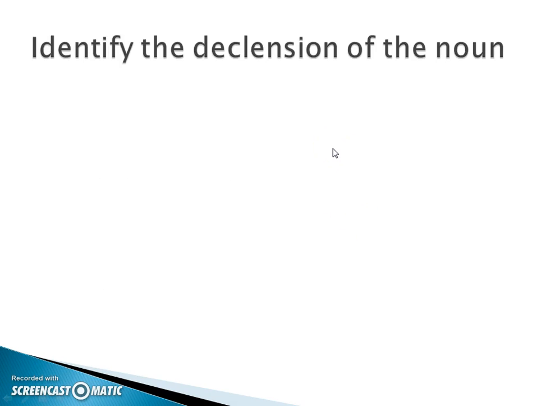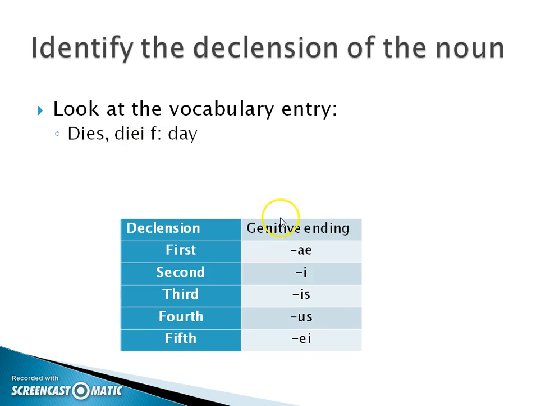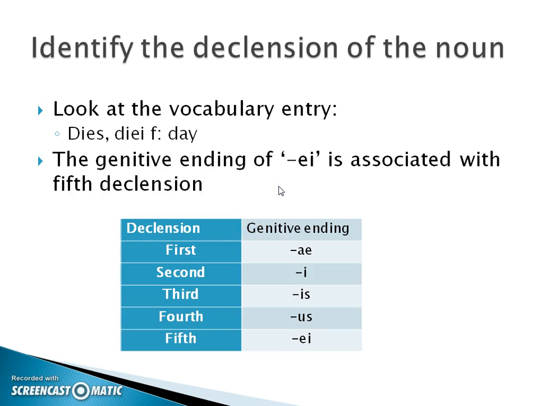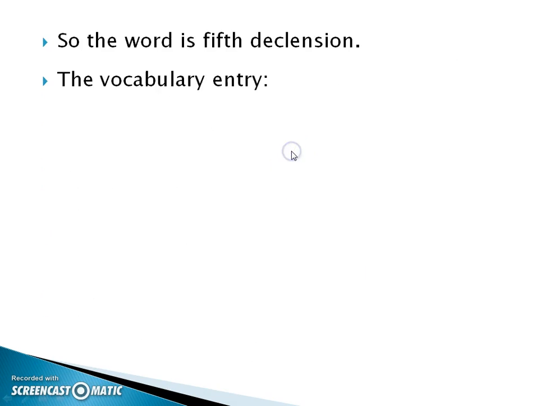All right, so the first thing was to identify the declension of the noun. We look at the vocab entry. Remember, our second form is our genitive singular. And here we have a genitive singular that ends in ei. We look on our chart and we find that a genitive singular of ei is associated with fifth declension. So we have a fifth declension word.